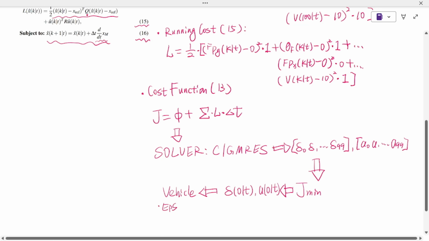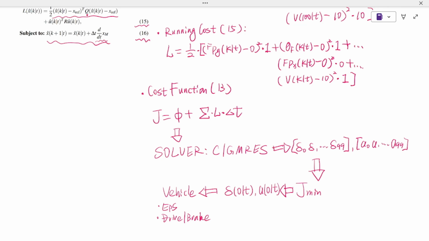Then we move into the next 0.01 second cycle and repeat all of the steps above.